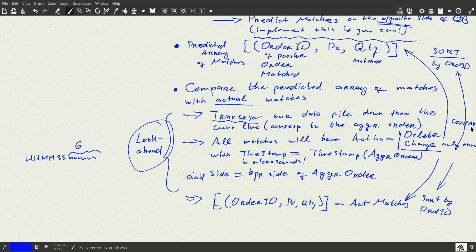So we really know that if a match occurs, then the timestamp of this match up to microseconds is the same as the timestamp of the original aggressive order. Sometimes it might not be the case.